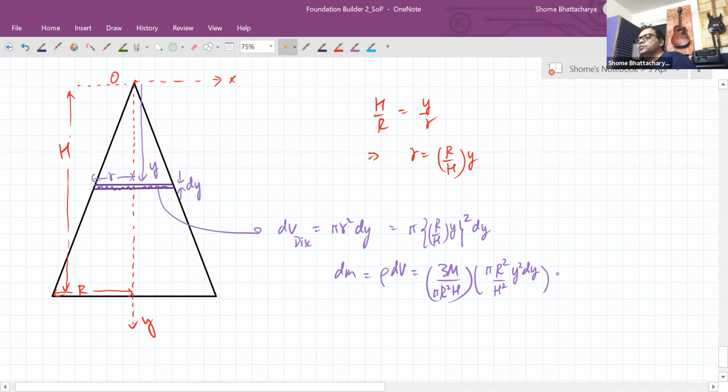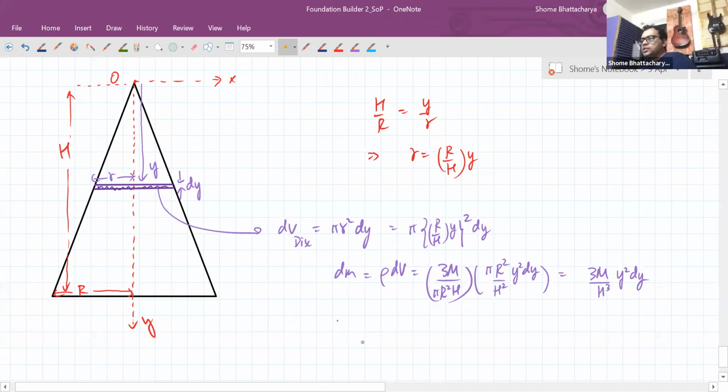So it becomes this kind of term, 3m upon H cube into y square dy. Pi R square cancels out. Okay. So we get this.